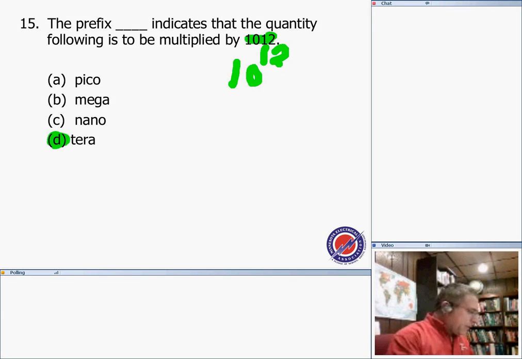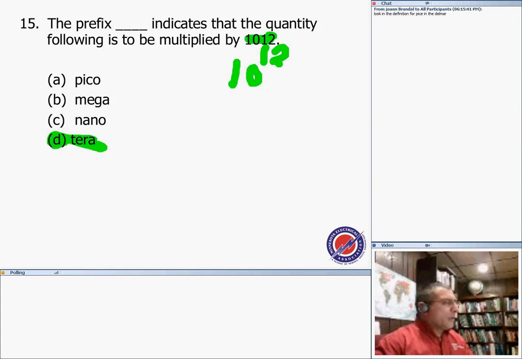Otherwise, the Dilmar book has the table of all these acronyms and what they mean in terms of multiplier. Actually, it's right here. There you go.